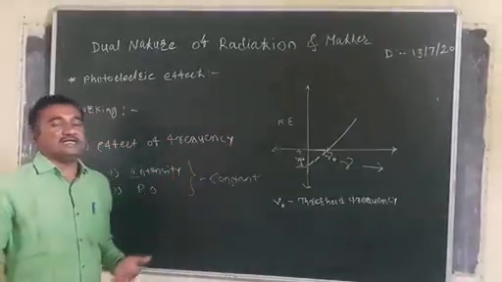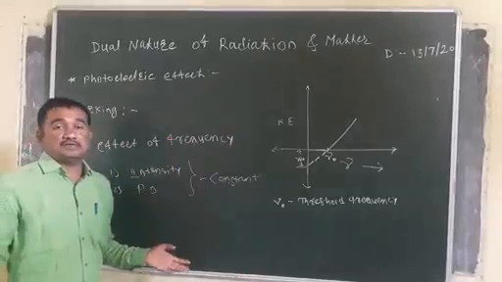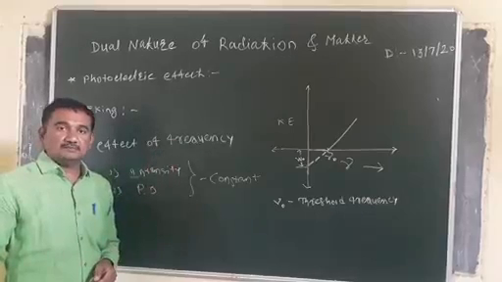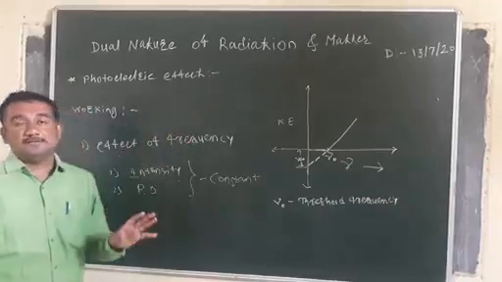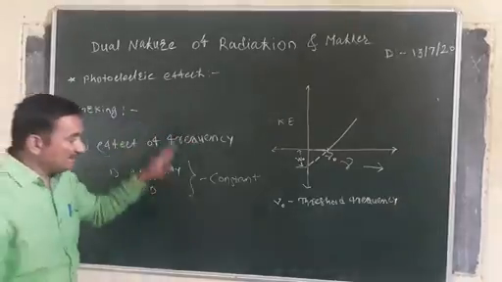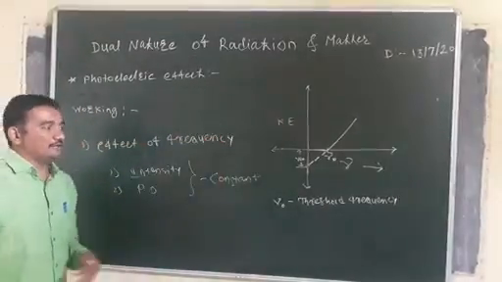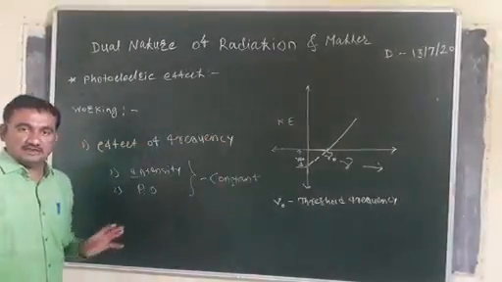Means the maximum kinetic energy of the photoelectrons emitted depends upon the frequency of incident radiation. Maximum kinetic energy depends on what? Frequency. Even if light of a single frequency is incident, photoelectrons with different kinetic energies are emitted.